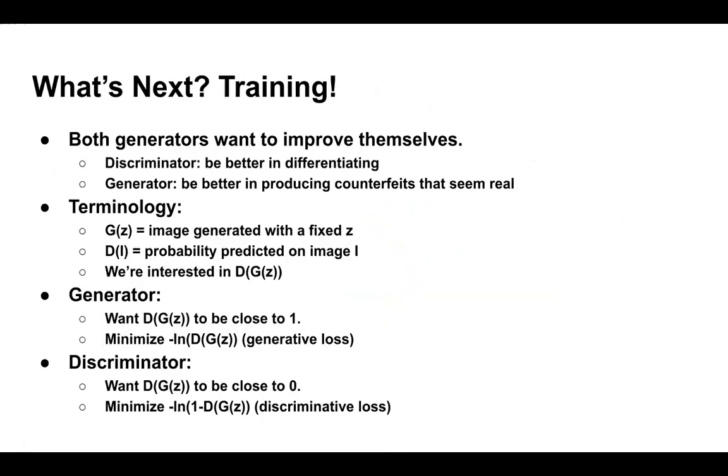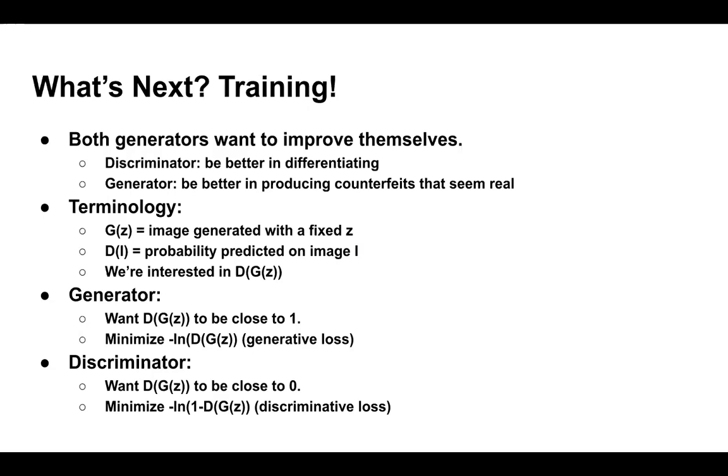We want to know how it trains. Recall that both want to improve themselves. And just a reminder, what are their aims? The discriminator wants to be better at differentiating. The generator wants to be better at producing fake samples that will look real to the discriminator.